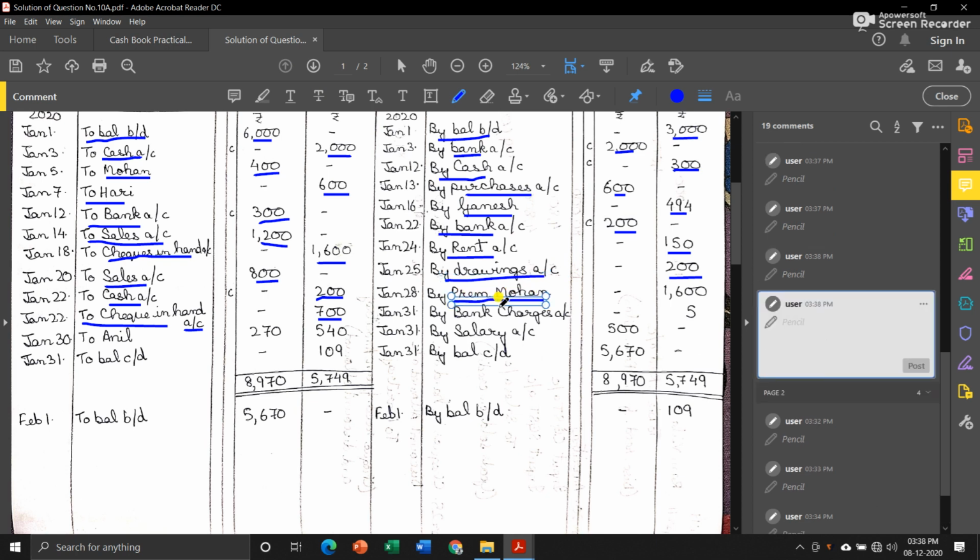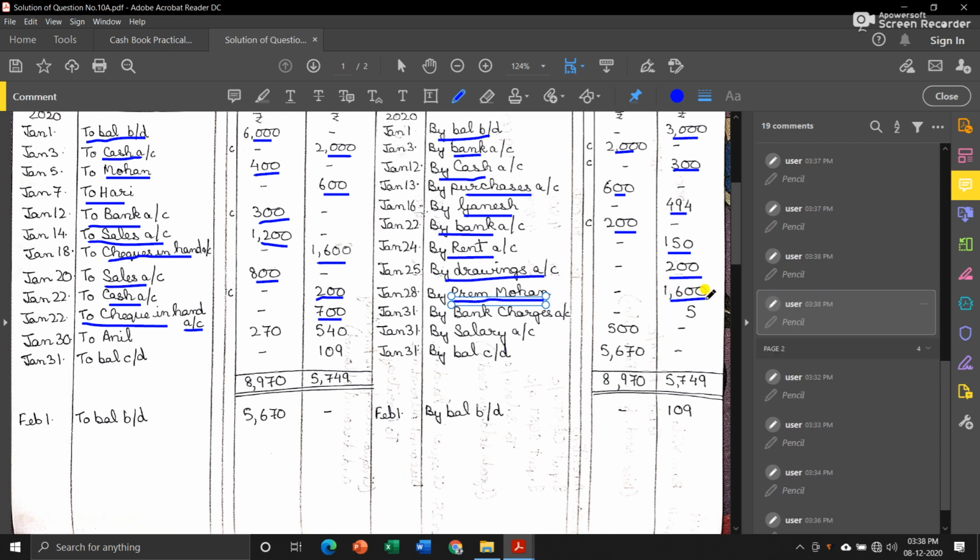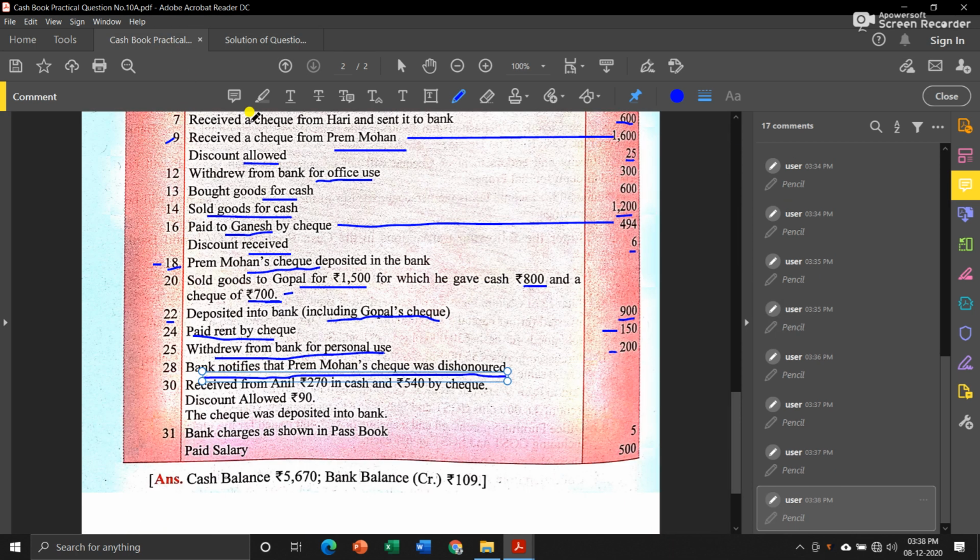In this case it is Prem Mohan who gave us that check, and the amount of check will be written in the bank column. So when you see on January 18 when we deposited that check, the value of that check was 1600. So in this case 1600 we will write in the bank column when the check gets dishonored.